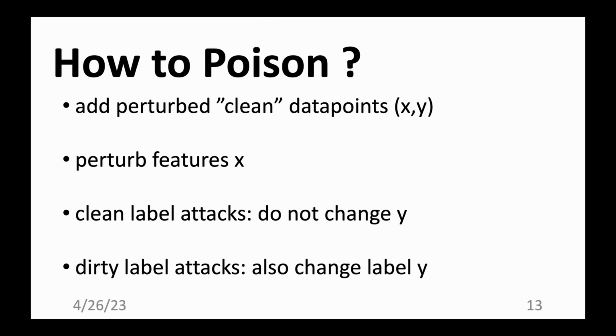In data poisoning, we always perturb the features, but there are different strategies. Some leave the label as it is: for any clean data point, you do not touch the label, you only perturb the features. Then there are also dirty label attacks that also change the label.